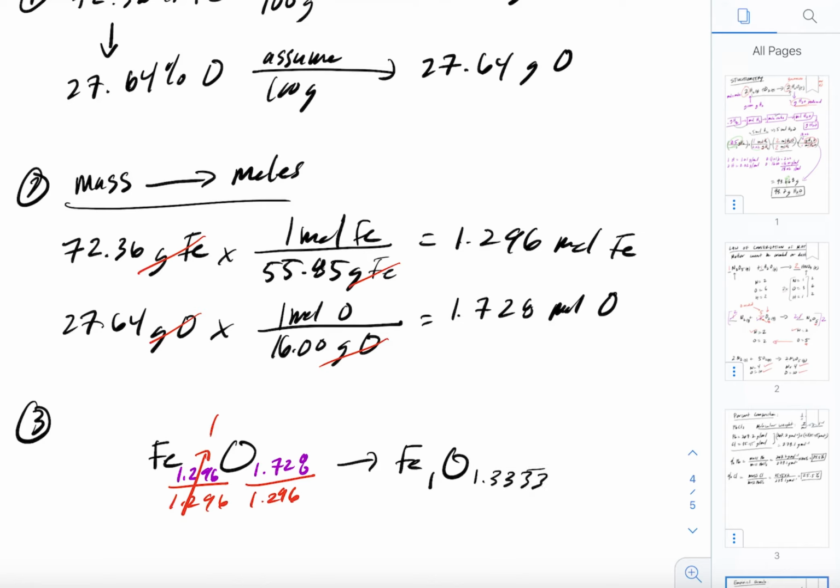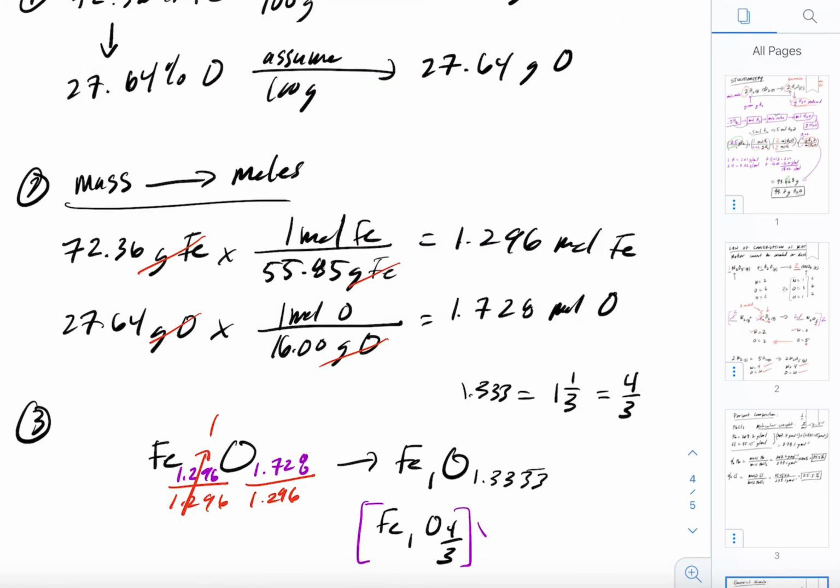So you might recognize that 1.3333 is equal to 1 1/3, or we can rewrite 1 1/3 as 4/3. I can multiply the 1 by the 3 and add 1. I find it's easiest to write out the fraction as 4/3, and then we can see that if I want a whole number ratio, I need to multiply by the denominator.